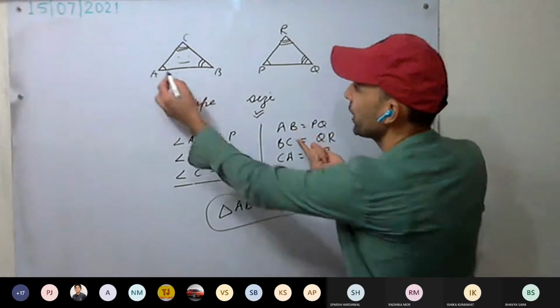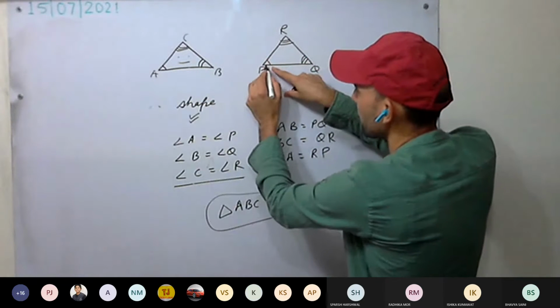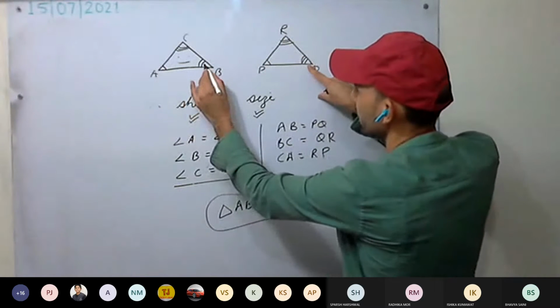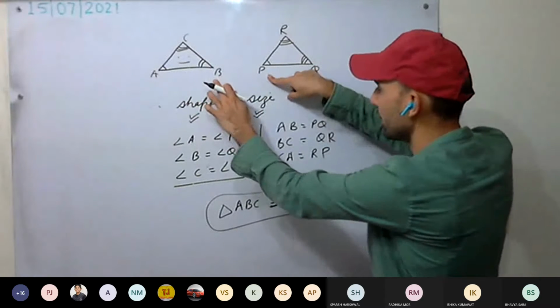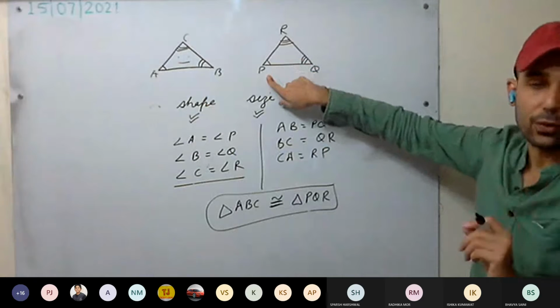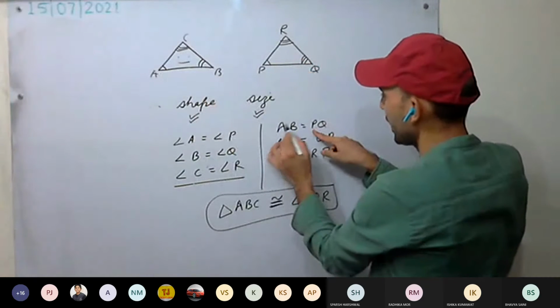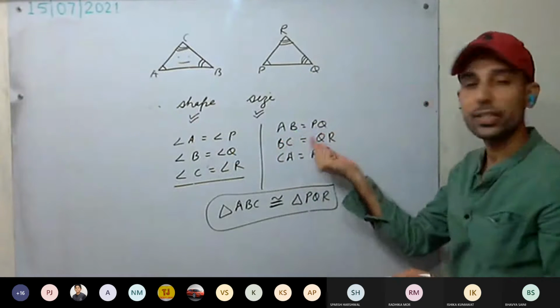For example, AB: we start from angle A, and here as well we must start from the corresponding angle, moving towards the next. AB equals PQ. Don't write AB equals QP. That is correct to write, but usually we follow the convention AB equals PQ. It means angle A equals angle P, angle B equals angle Q. This is the convention we follow.